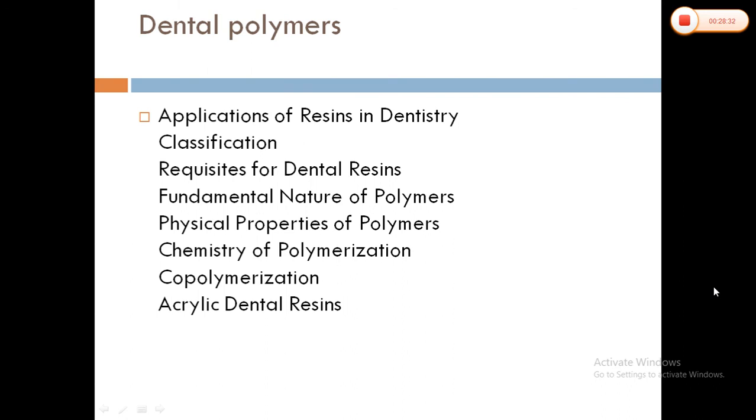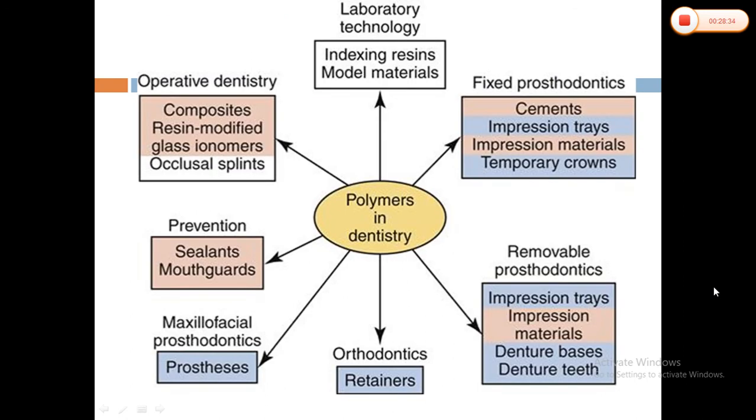So dental polymers are used in various applications. For example, in fixed prosthodontics, polymers can be used as cements, impression trays, impression materials, temporary crowns. In removable prosthodontics they are used for impression trays, impression materials, denture bases, and denture teeth. For orthodontic applications they are used as retainers. In maxillofacial prosthodontics, used in fabrication of prostheses.